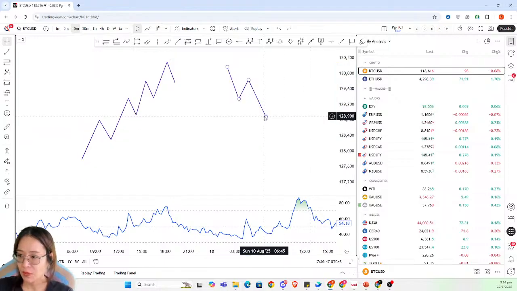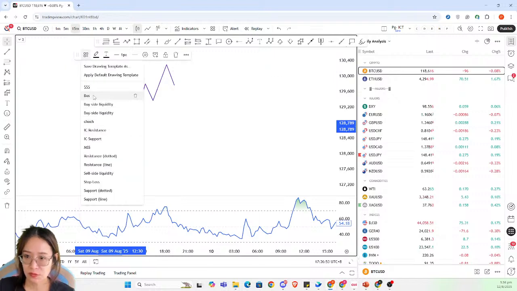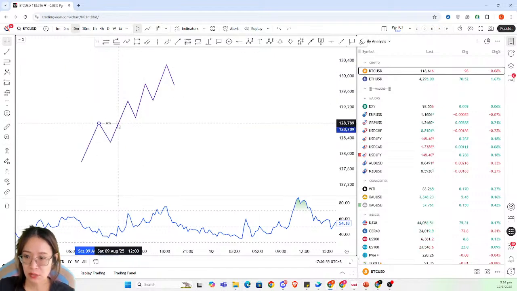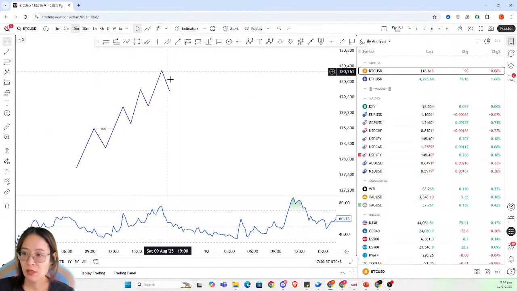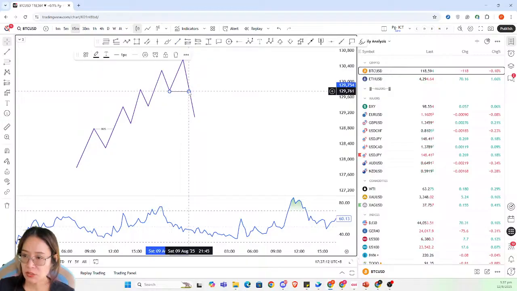Break of structure is when price makes a higher high, which means it's trend continuation, whenever price makes higher high, higher low. Whenever price makes a change of character, in ICT they don't call it that, they call it market structure shift.